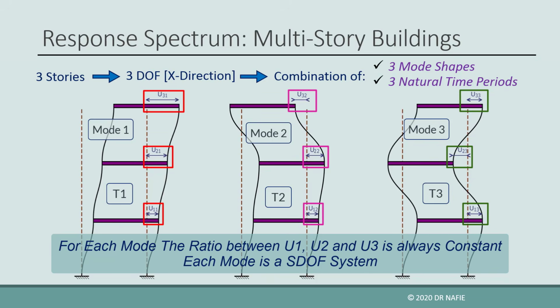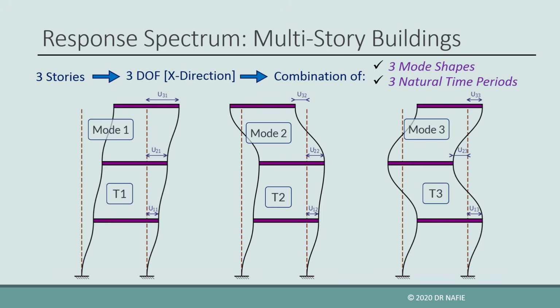of freedom system. By decomposing the complex motion of the multi-degree of freedom structure into a combination of basic mode shapes, we are in effect changing the multi-degree of freedom system to a number of single degree of freedom systems. The number of single degree of freedom systems is equal to the number of mode shapes.